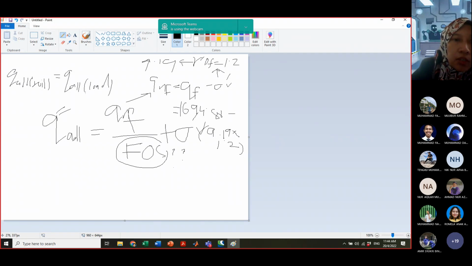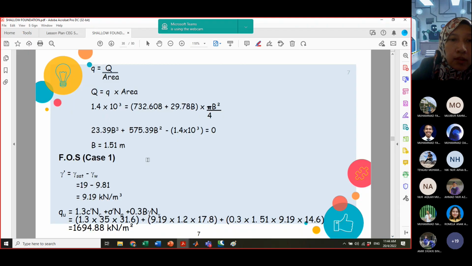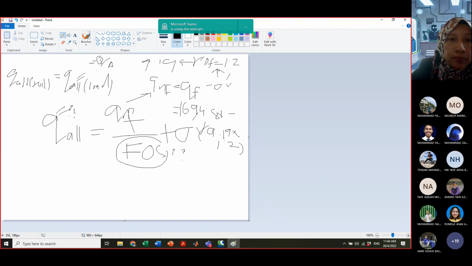Sebab tadi kan macam saya cakap, Q allowable ni kita tak tahu. But we can use the assumption that Q allowable is the load. What is the Q allowable load ataupun the contact pressure is the intensity of loading bahagi dengan area of the footing. So intensity loading tadi berapa? 1.4 darab 10 kuasa 3.